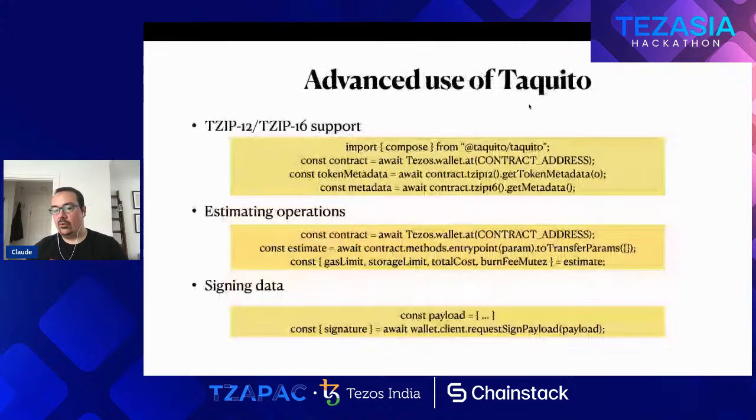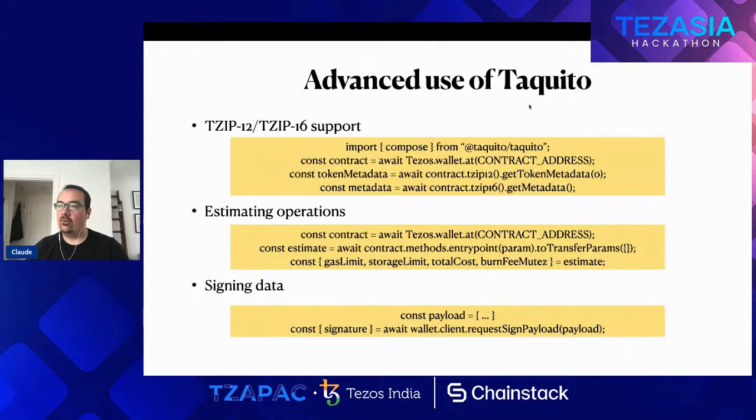So here we saw the basic use of Taquito to interact with the Tezos blockchain. There are also some advanced uses of Taquito, something that you may or may not need according to your use case.